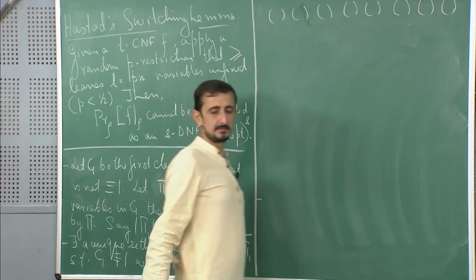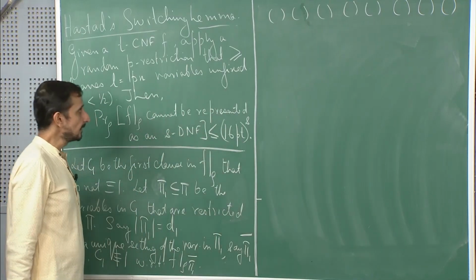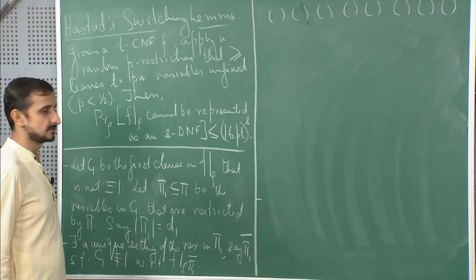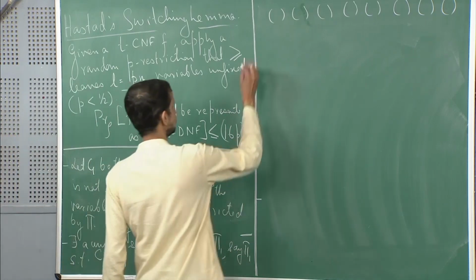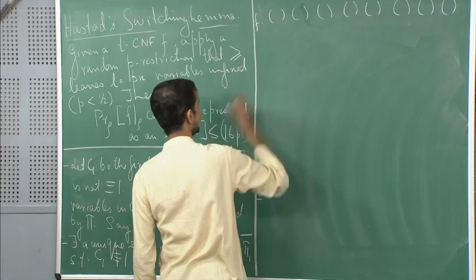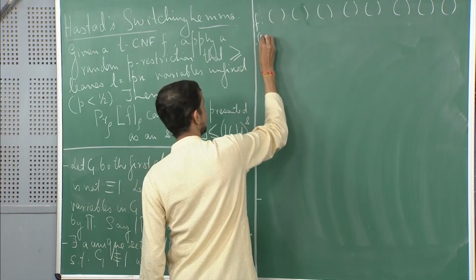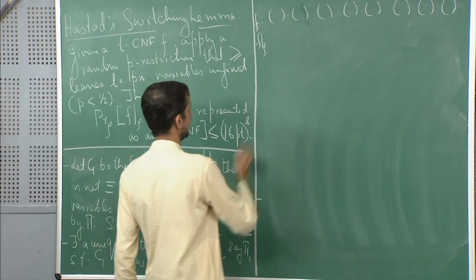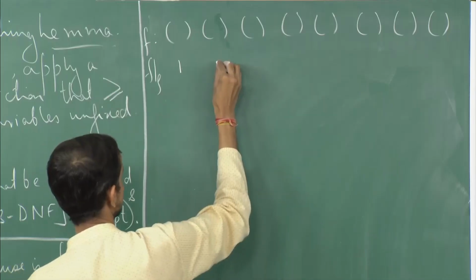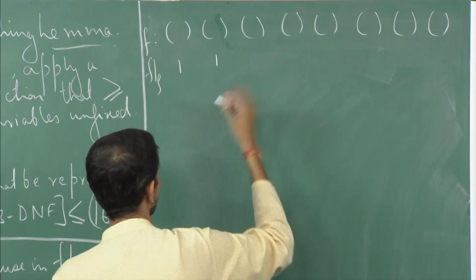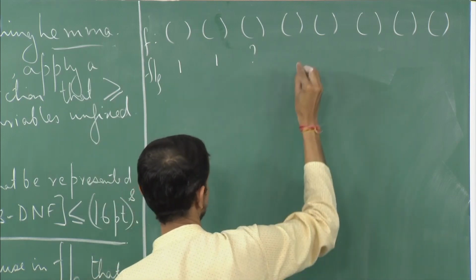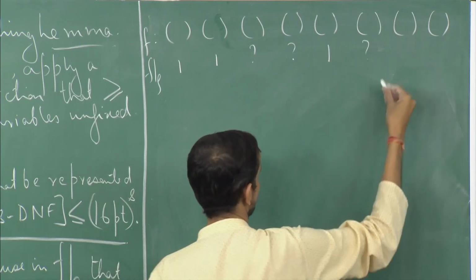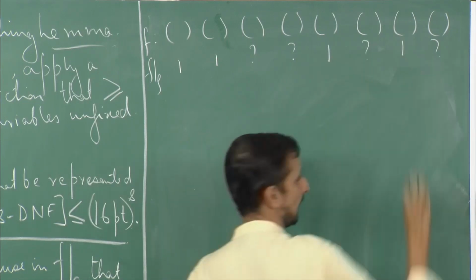Let us say we have 8 clauses in F. Initially let us assume that none of the clauses are 1. So this is my F. Now, if I look at f restricted to rho, some of the clauses become 1 over here. Let us say this one becomes 1, this one becomes 1, this is unfixed, maybe this is also unfixed, 1, unfixed, 1, unfixed.